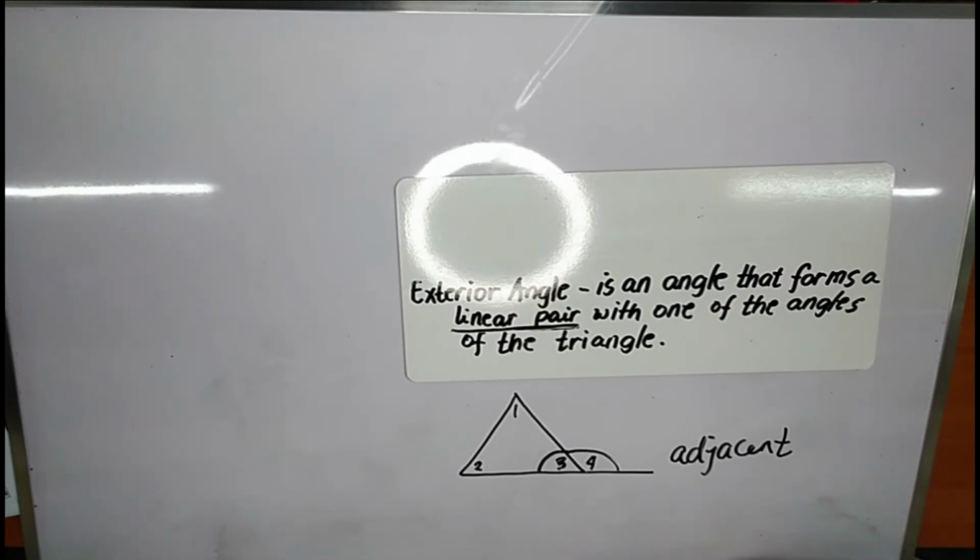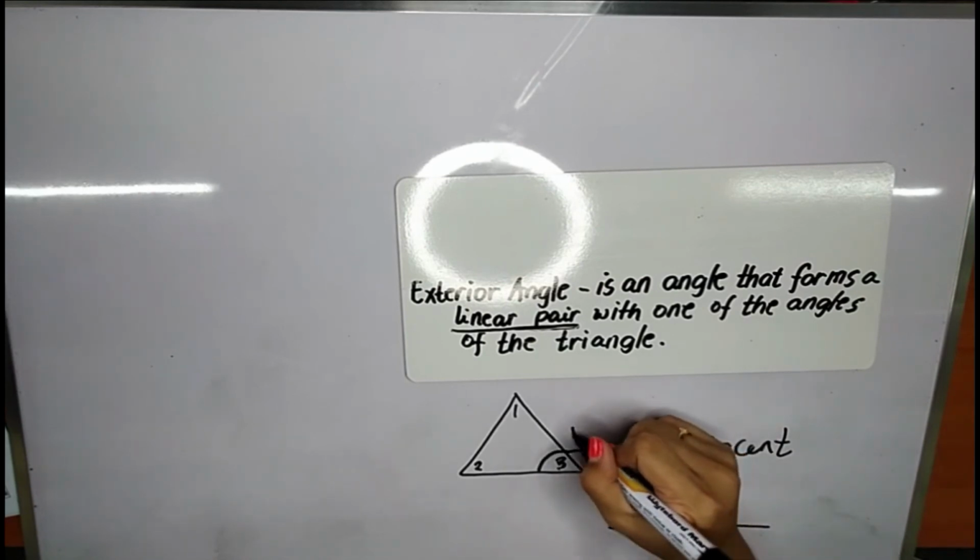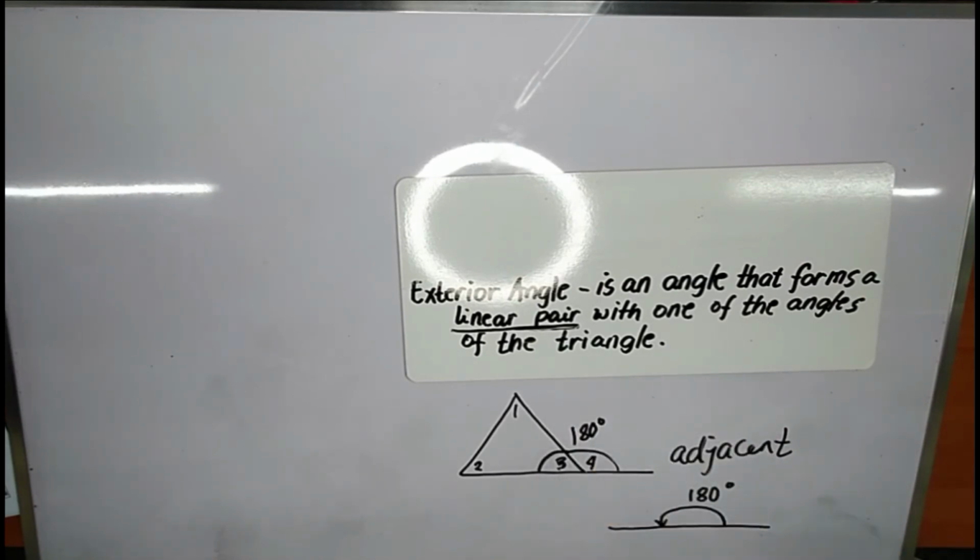And if you could still remember in your protractor, in our lessons in grade 7, if we have a straight line, it has an angle of 180 degrees. So that means that angles 3 and 4 have a 180 degree angle, or they form a linear pair, or they are adjacent to each other.